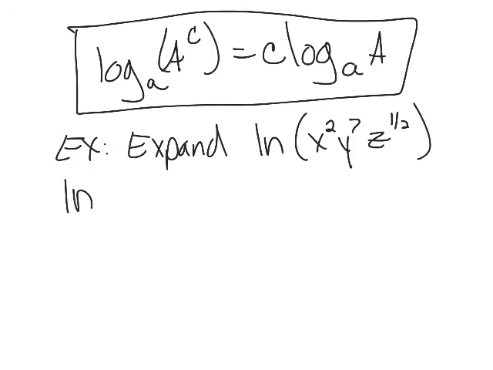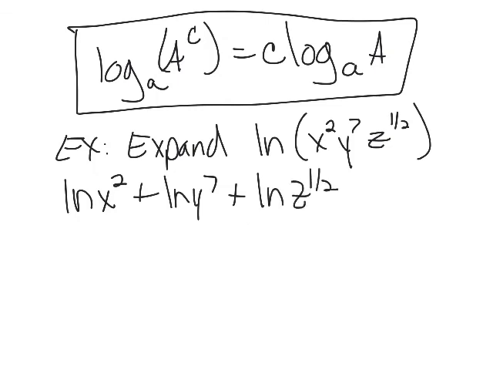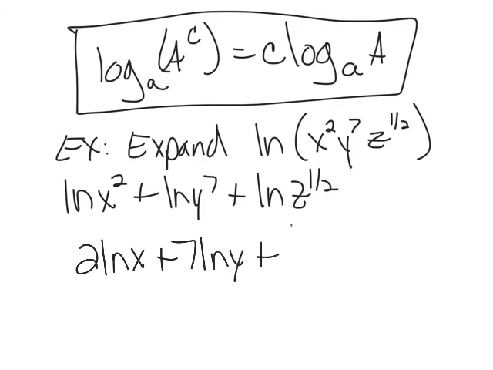That's the natural log of x squared plus the natural log of y to the 7th plus the natural log of z to the 1/2. And then I'm just going to use the third law to bring the exponent down in front. Exponent down in front, exponent down in front. So my final answer is 2 times the natural log of x plus 7 times the natural log of y plus 1/2 times the natural log of z.